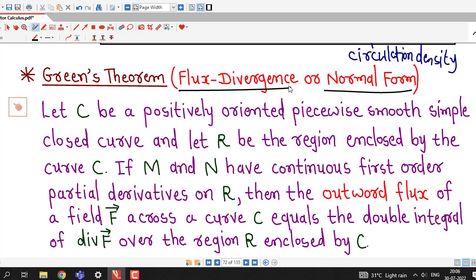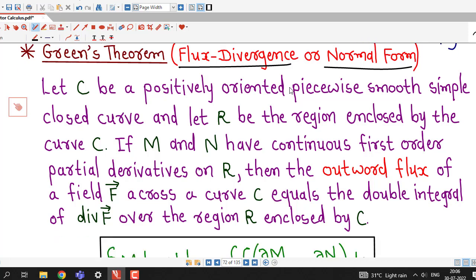Sometimes they can ask you to write down the statement of Green's theorem in normal form, then you have to write systematically in this way.